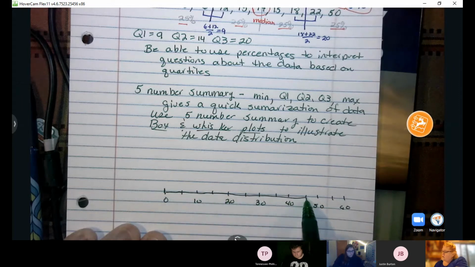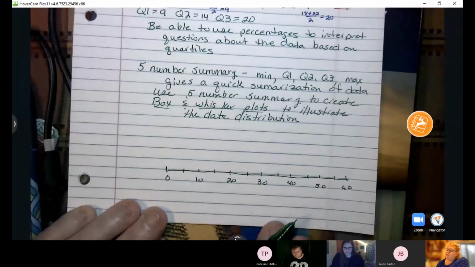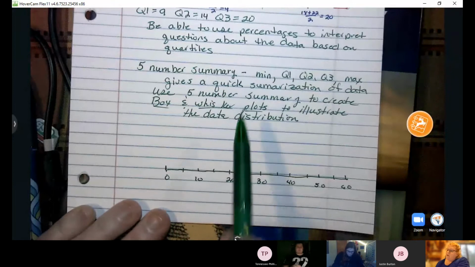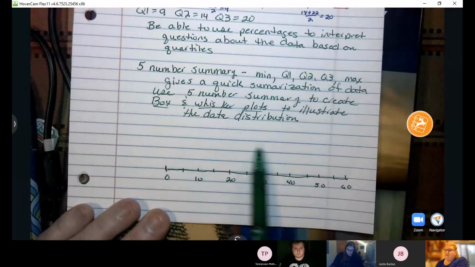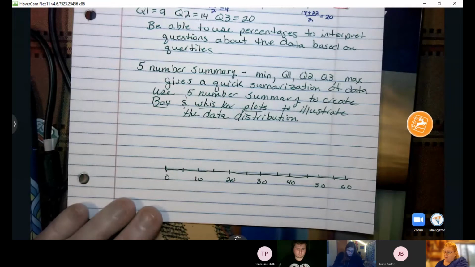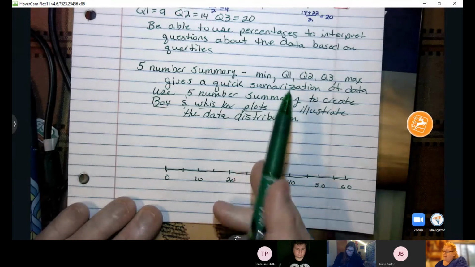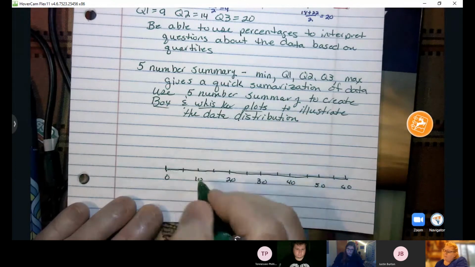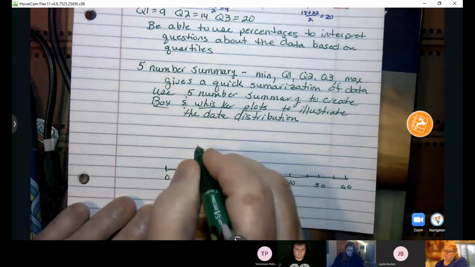Whether you do your box and whisker vertically or horizontally does not matter, but you create your scale first. You're going to use your 5-number summary to plot those 5 values to help draw your box and whisker plot. So my minimum value in my data was 5, and I'm drawing it above the scale so that I have room to actually draw the box and whisker.